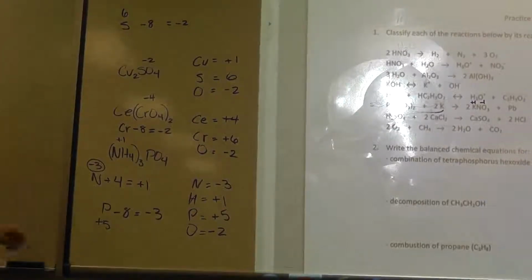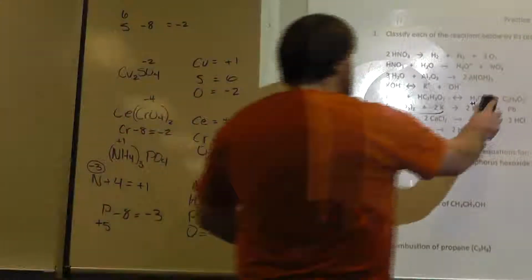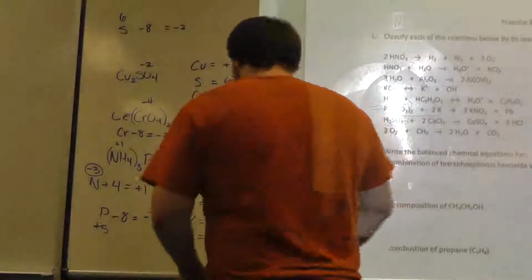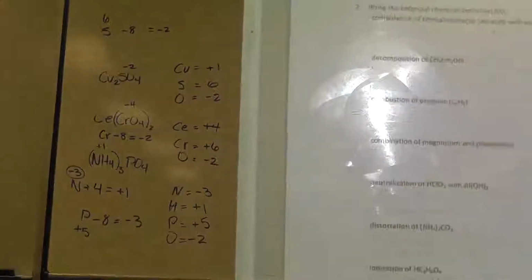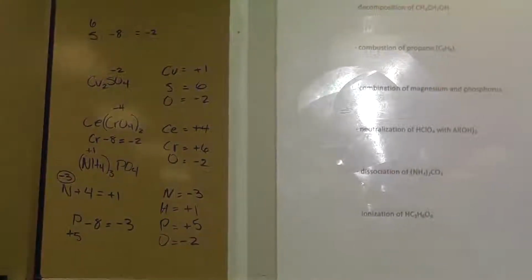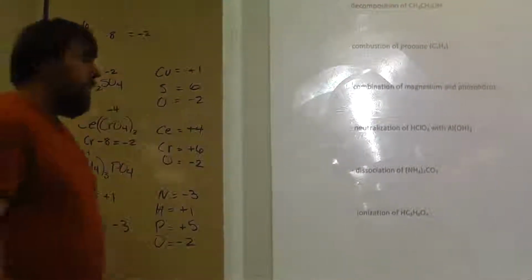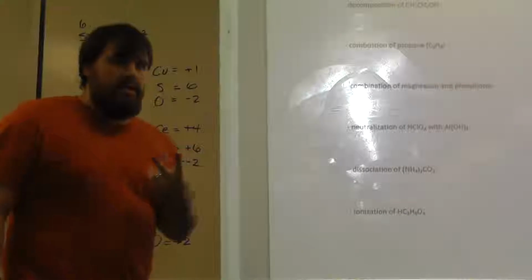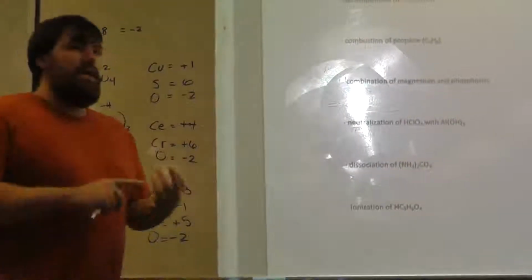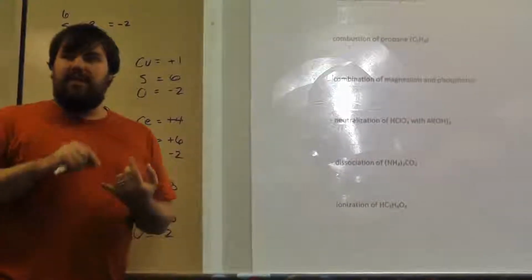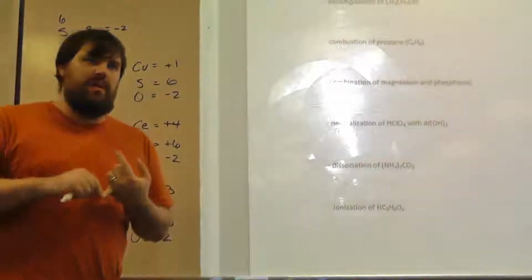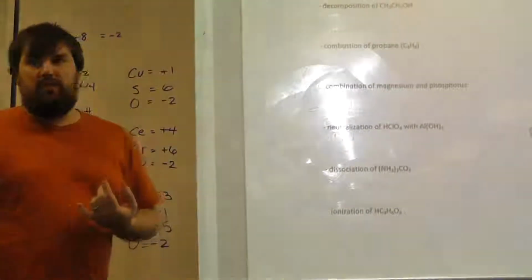Decomposition. Thank you. So there's 2 ways he can ask you to do decomposition. He can either tell you what it will break down into, or if he doesn't tell you, you assume it breaks down into the elemental form of each thing.